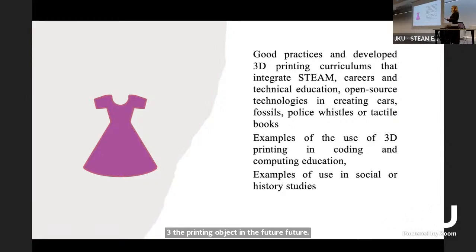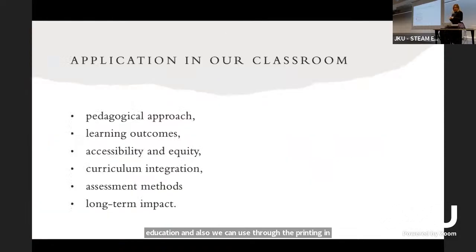Also, we can include coding and computing education, and we can use 3D printing in social studies and in humanities.